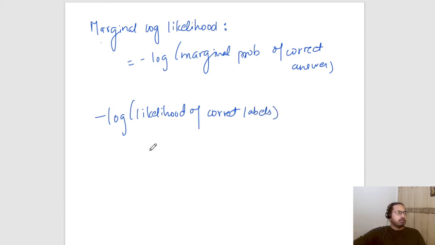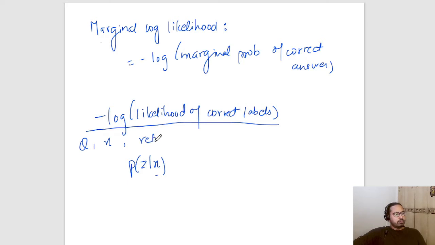But since in the OpenQA setting we have an intermediate variable, which is given by the document retriever given an input question. So just to make clear again, we're given a question X, retrieved documents Z, and the final answer Y.